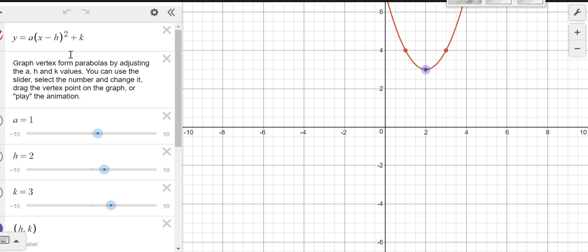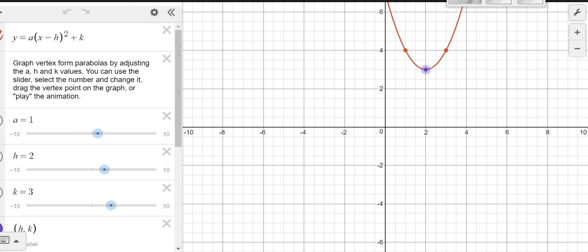We've picked this specific set here for you to look at because this is going to show you transformations. The very first thing that I want you to notice in Desmos is this formula up here. This is vertex form of a quadratic function.